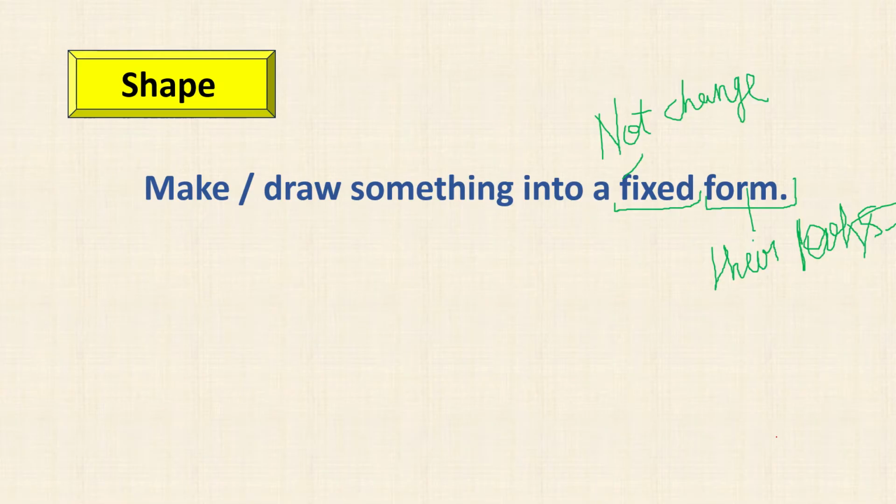First one is fixed, in the sense of not change, and form means how it looks. How do you identify that the boys are students of a particular school? How do you identify?